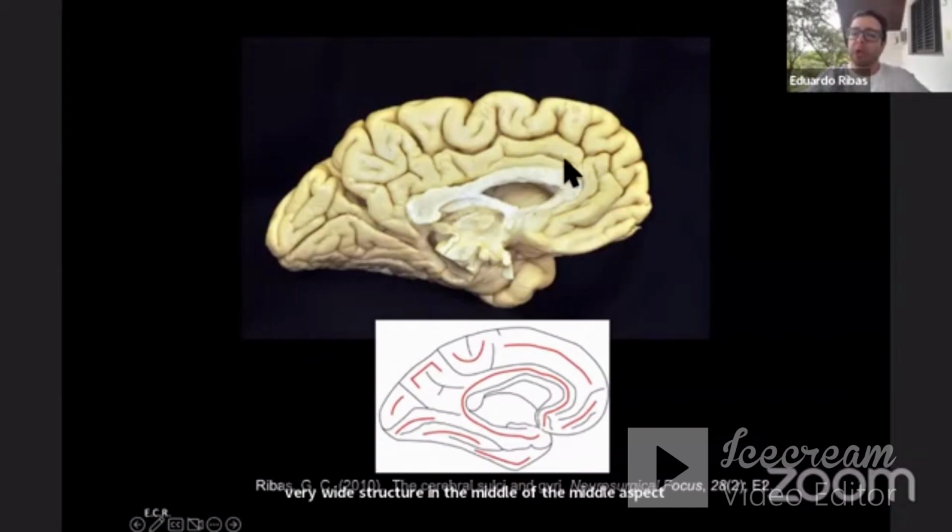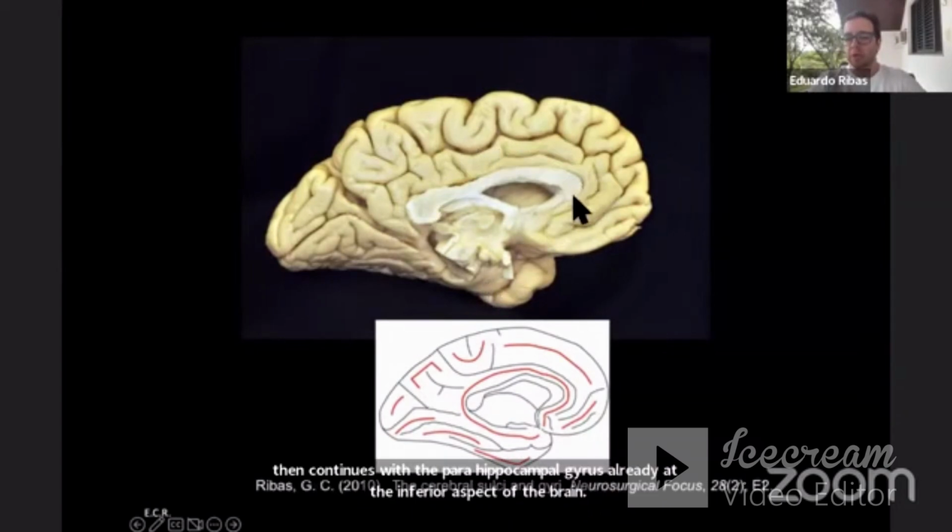Overlying the corpus callosum, we have the cingulate gyrus. The cingulate gyrus continues posteriorly with a narrowing called the isthmus of the cingulate gyrus, and then continues with the parahippocampal gyrus, already at the inferior aspect of the brain. This is the cortical C of the limbic structures.